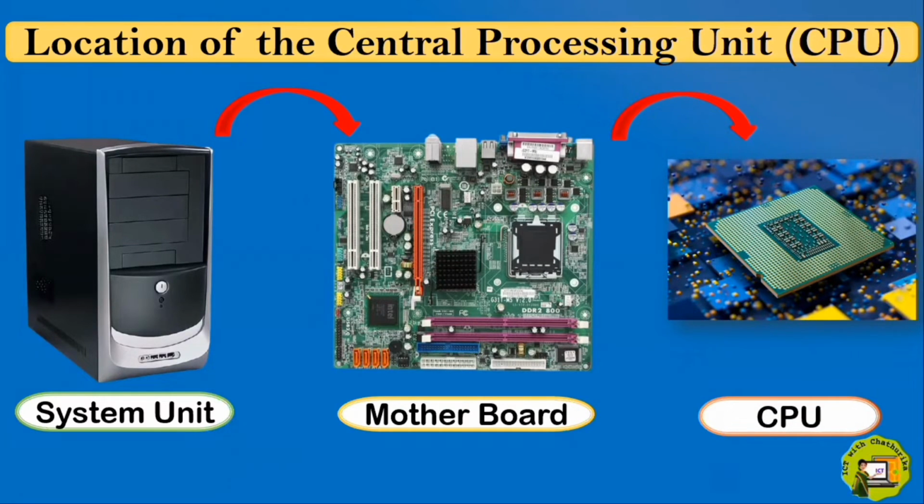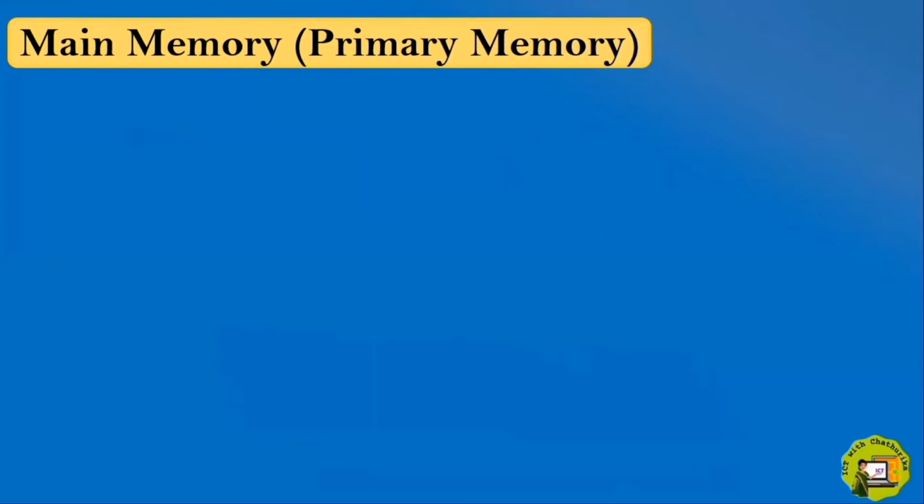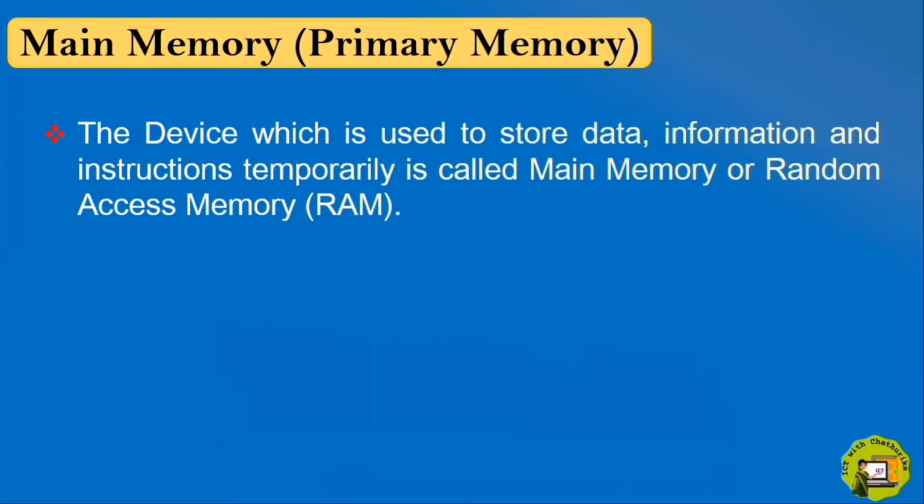Next, we are going to learn about memory. Main memory, or we call it primary memory. A memory in a computer is similar to the memory of the human brain. It is used to store data and instructions.